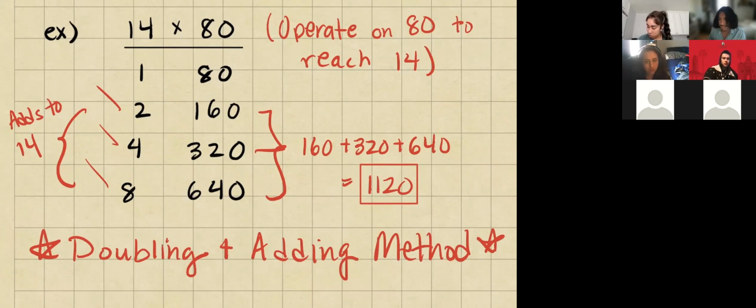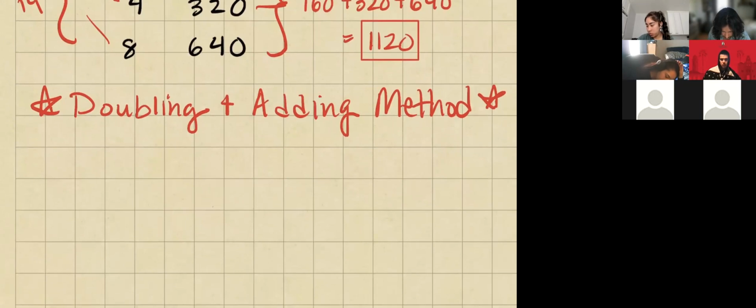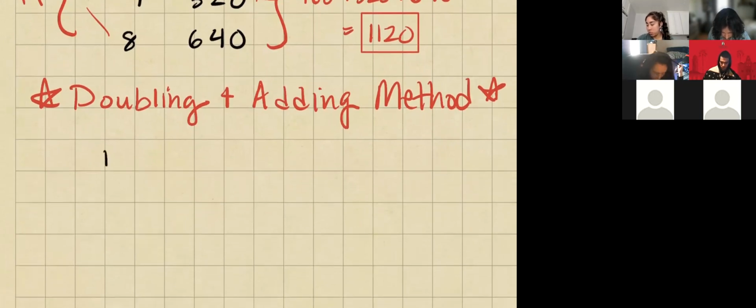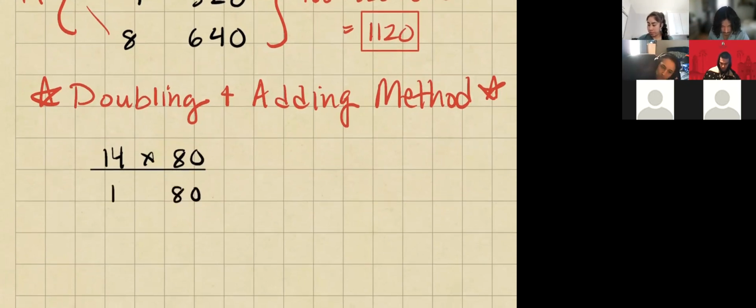Now, the Egyptians didn't always follow the same structure. Sometimes they saw it more convenient to jump a couple digits, a couple groups. What do I mean by that? Well, let's do the same problem. We start with one group of 80.